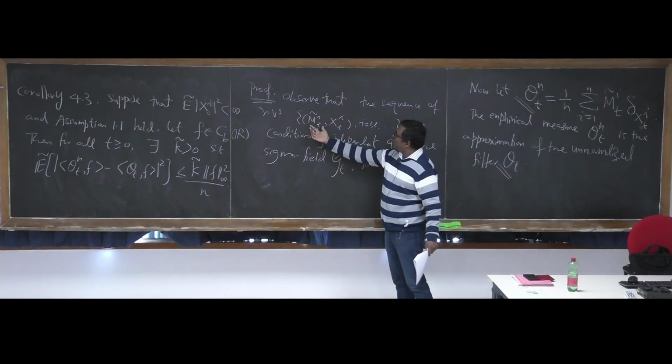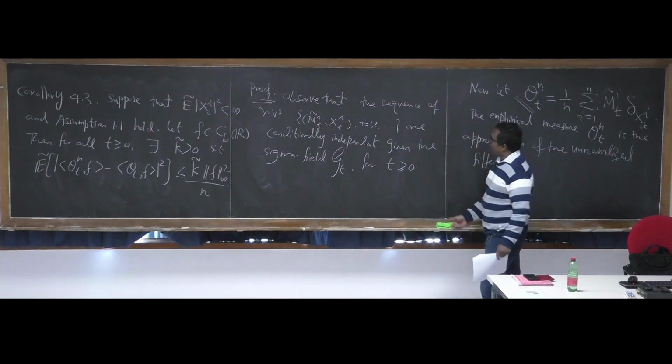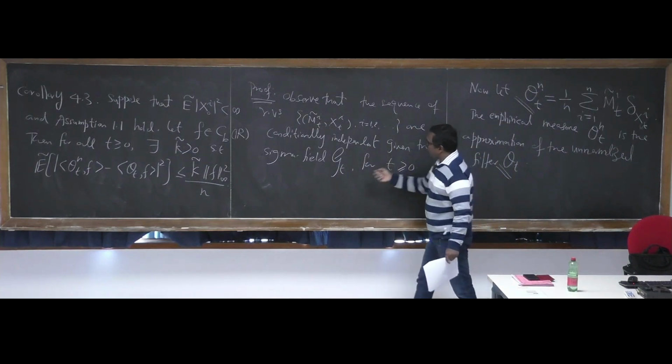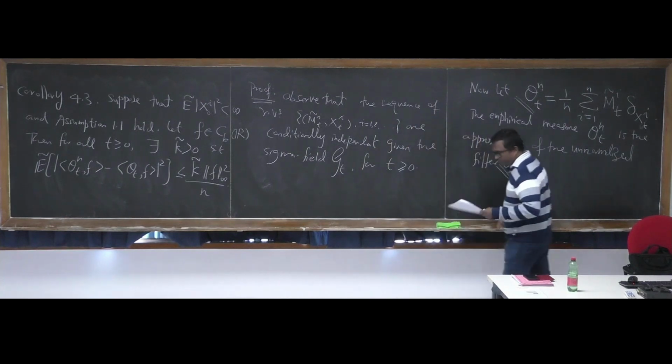So this sequence of random variables are conditionally independent given the sigma field G t. So we know that.